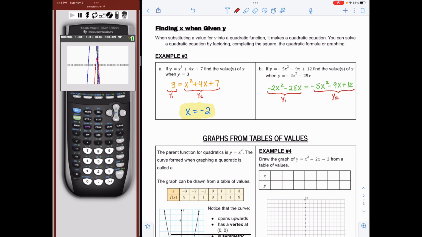So as you can see here, these two graphs cross each other somewhere in the area where the blue and the red are. So then I'm going to scroll up a little bit so I can zoom in on a certain area and press enter.